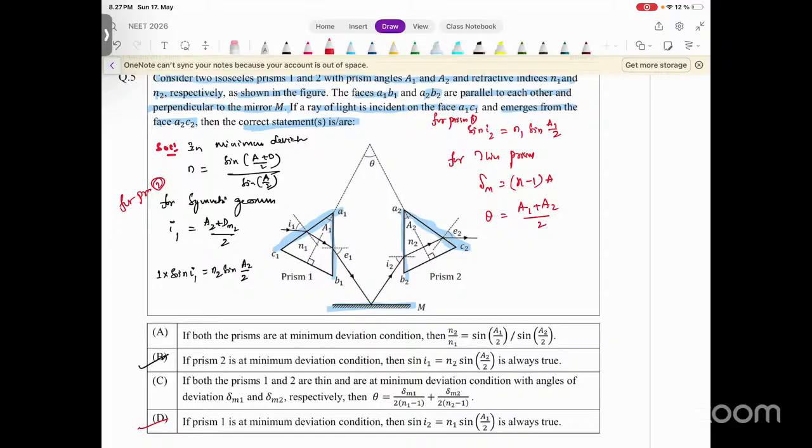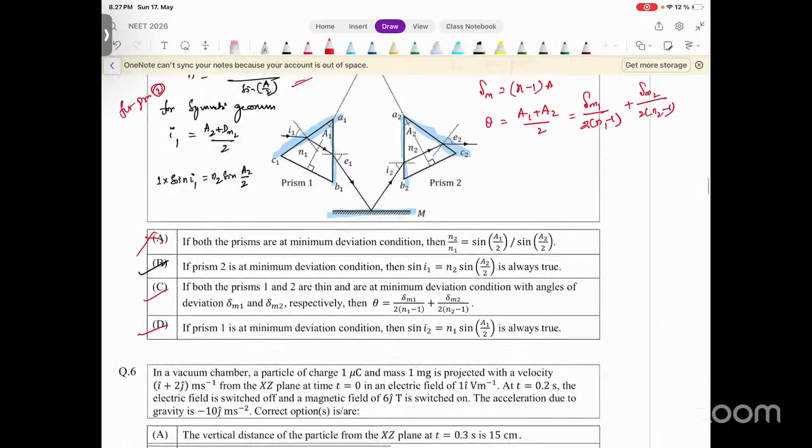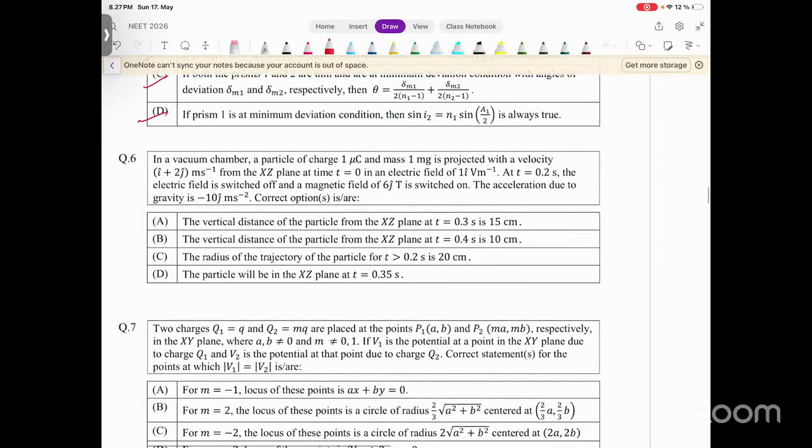So if I'm writing this relation, theta value is the deviation of the first one divided by 2 into (n1 minus 1) plus the deviation of the second prism divided by 2 into (n2 minus 1). So obviously C is also correct for this. Okay. So the only thing incorrect is the first option, because I already did it right now. Sure. No problem.